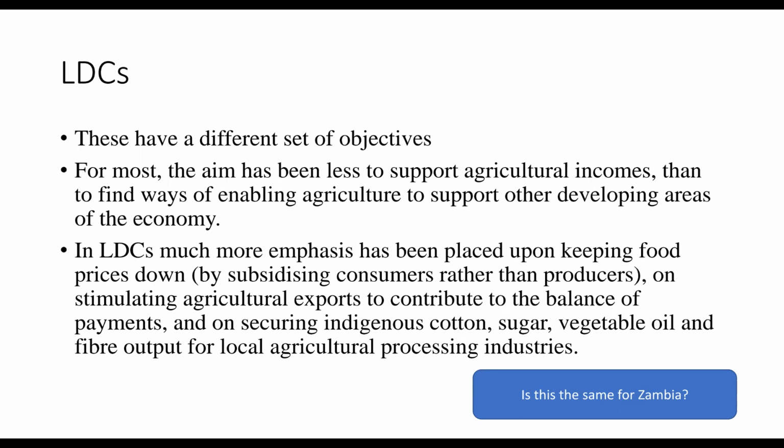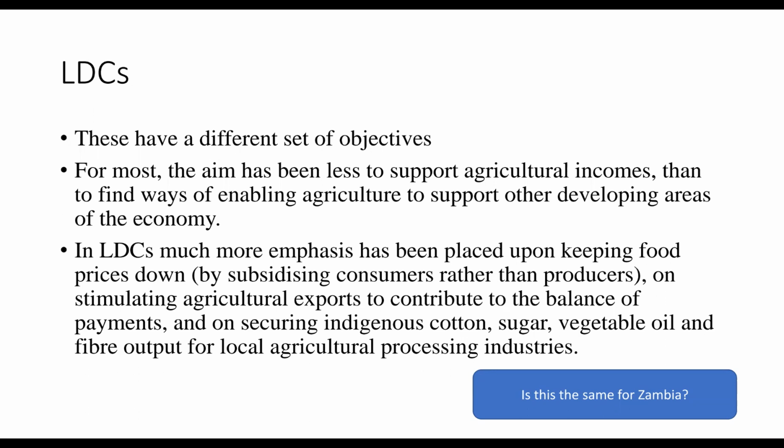So in lower developing countries, much more emphasis has been placed upon keeping food prices down by subsidizing consumers rather than producers. We try to subsidize consumers instead of subsidizing producers.